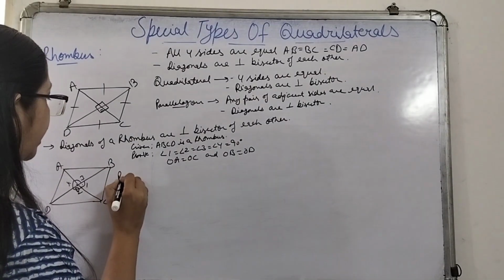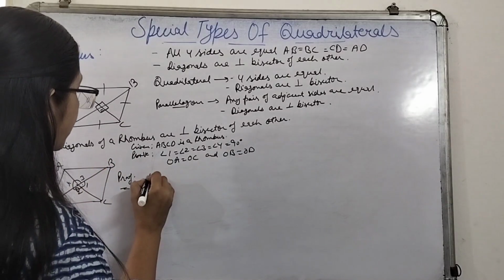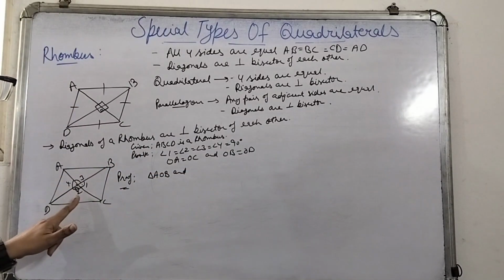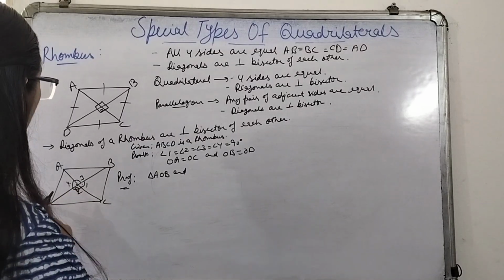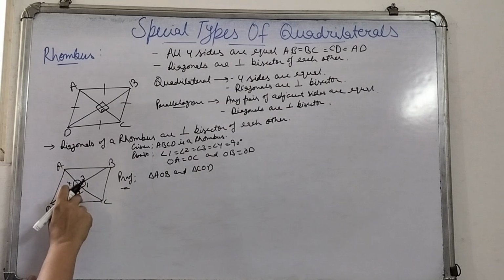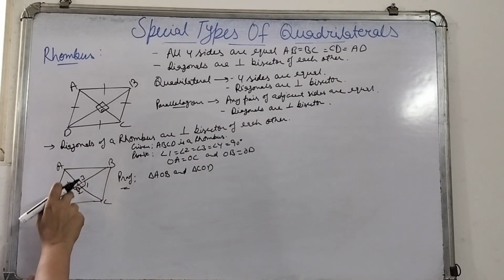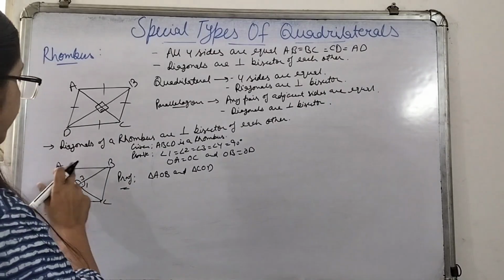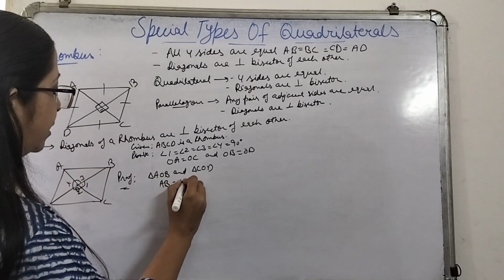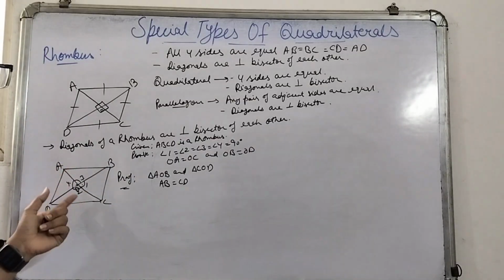First of all, we are considering triangle AOB and another triangle COD. These two triangles we are considering, triangle AOB and triangle COD. Now in these two triangles, AB is equivalent to CD, because in a rhombus all the four sides are equal, and these are the opposite sides of a parallelogram.